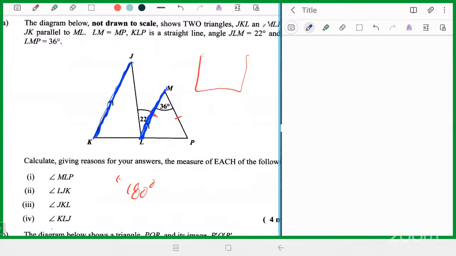Corresponding angles. Take this now and I draw this line straight out here and extend it across. These two parallel lines will interact with this line at the same angle. So this angle down here is the same as this angle down here.